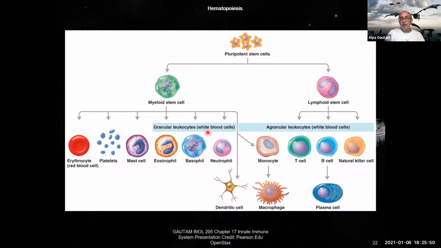The cells that belong to the granulocytes are, I remember it as NEB because it's just easy. So that's neutrophils, eosinophils, and basophils, so NEB. And then the cells that belong to the agranulocytes are going to be the monocytes, T cells, B cells, and the natural killer cells.